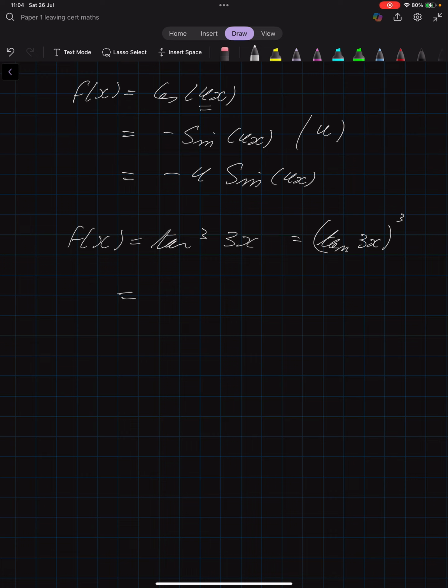The chain rule says, just pretend this was x, and say, well, if it was x, what would I do? The 3 would come down. I do tan of 3x. I'd minus 1 off the power and get squared. Now, what did I pretend was x? I pretended tan 3x was x, and therefore I need to differentiate tan 3x.